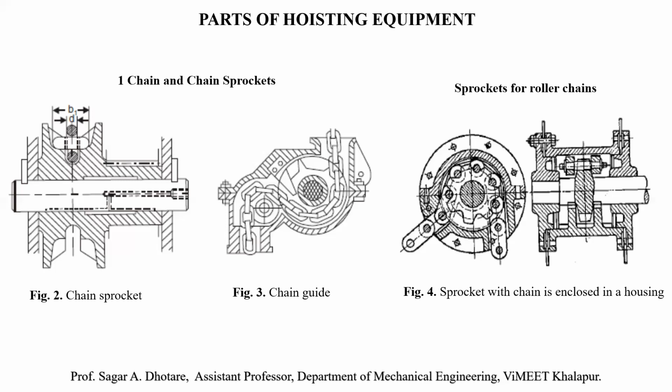These are better than the welded chain operated ones. Then the sprocket. In figure number 3, you can see how the welded links operate, and in figure number 4, the sprocket type shows how the link chain can be used for operating purposes.